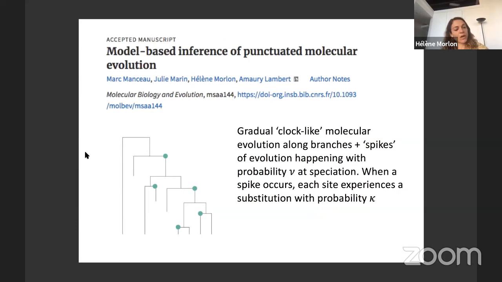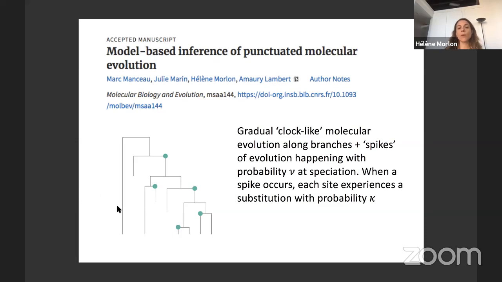At the molecular level, it's also the same thing, where it's really an idea of gradual evolution that has been modeled. So sequences experience substitution along the branches of the phylogenies. And what we did is to develop a model where, on the contrary, at speciation events, we can have a burst of molecular evolution with several nucleotides that experience substitution at the same time.